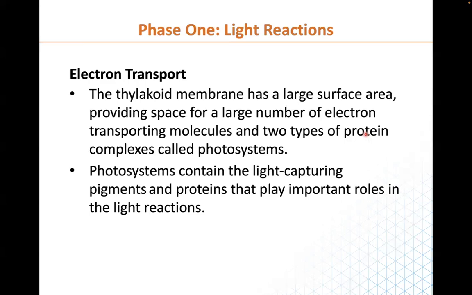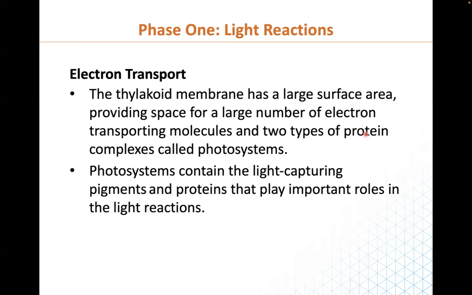You should understand that the thylakoid membrane needs this large surface area to accommodate the electron transport molecules and the two types of protein complexes called photosystems. Photosystems contain the light capturing pigments and proteins that play important roles in the light reaction.